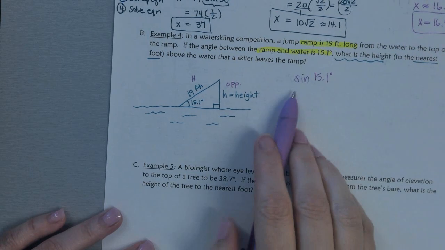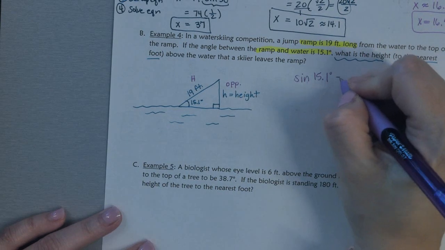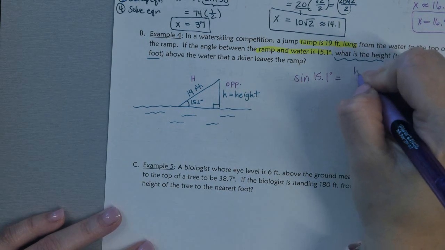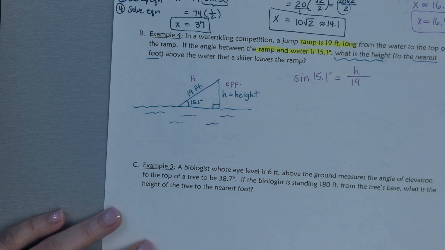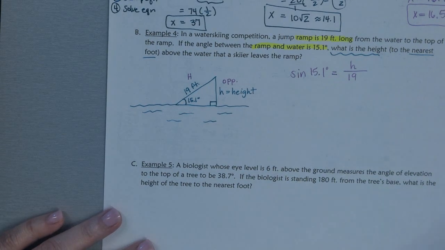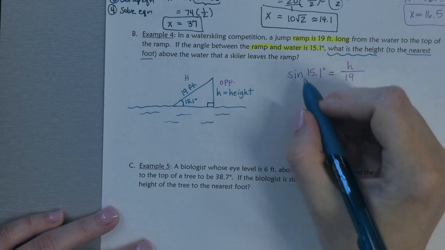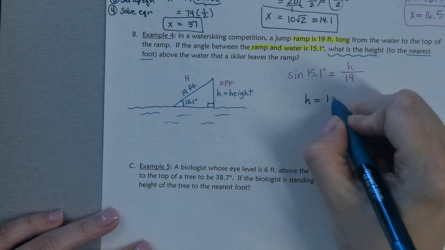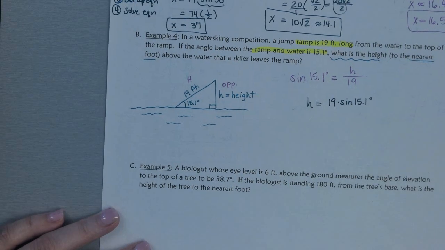Whenever you're doing the sine, it's always of the angle. And then this would be the opposite over the hypotenuse. And then because my variable's on top, what am I going to end up doing with these two values? Multiplying. Good. So 19 times the sine of 15.1 degrees.